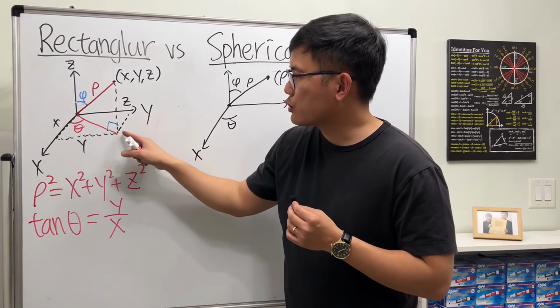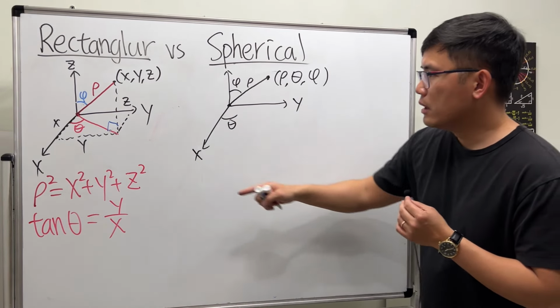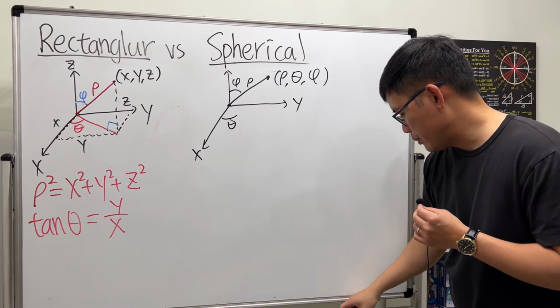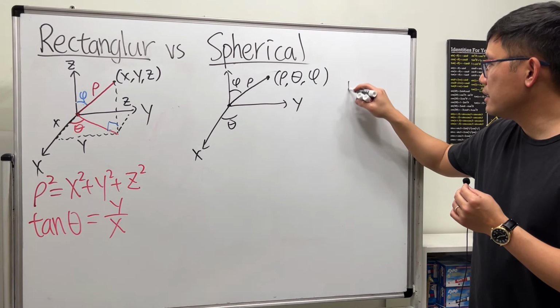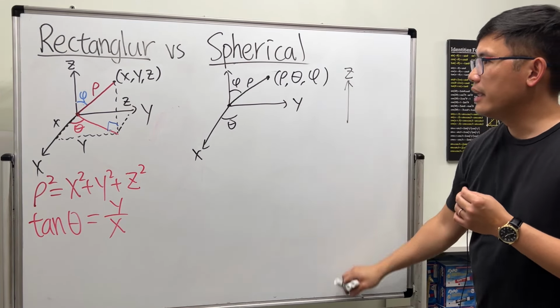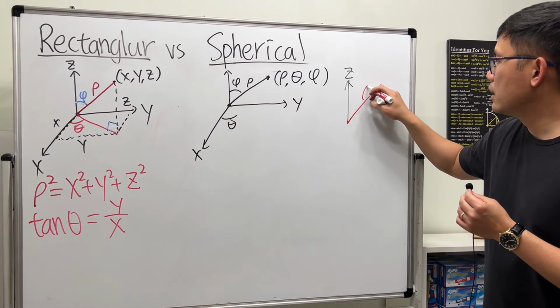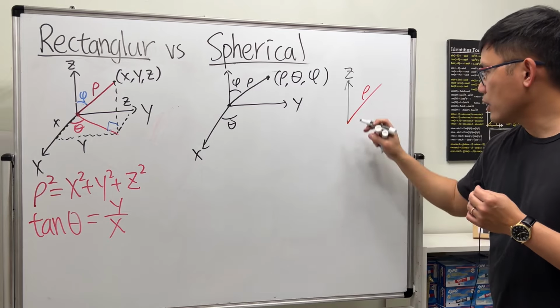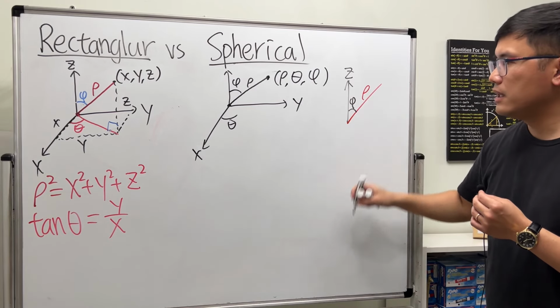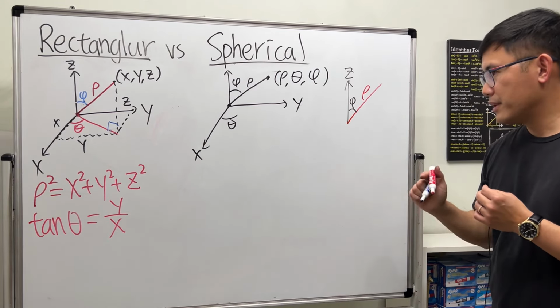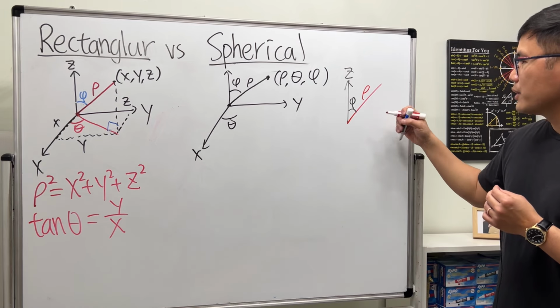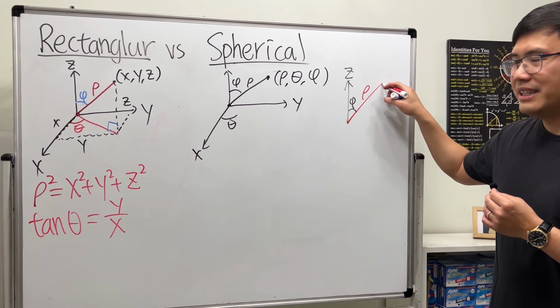So if you look at this triangle, here we have the z-axis. Let me put this down right here for you guys. Here is the z. And then we have this, which is rho. And then this angle is what we call phi, right? Now, here's the deal. We are just going to draw a line straight down.